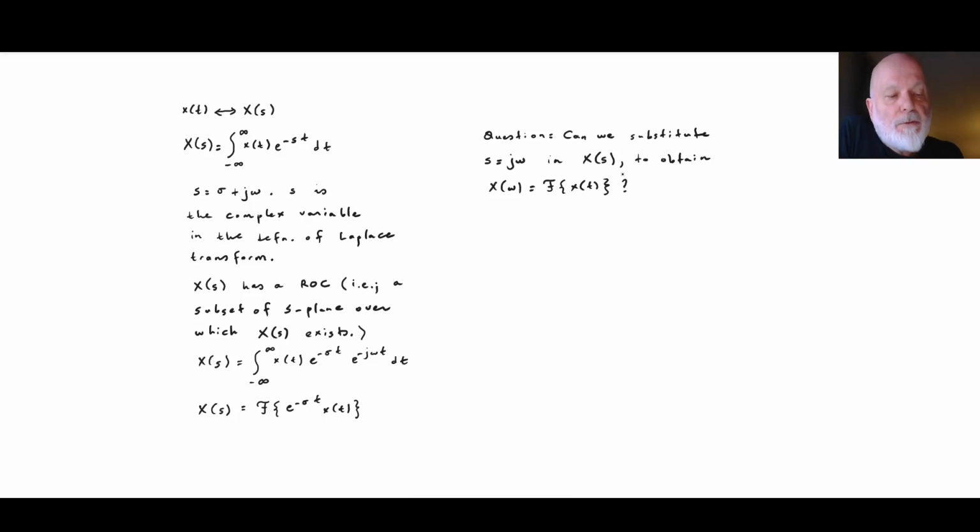So in general, X of omega is not equal to X of s at s equal to j omega, or equivalently, this means sigma is set equal to 0. Okay, we cannot do this in general.